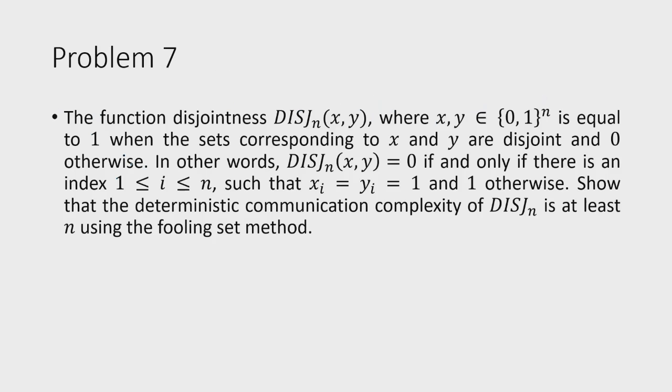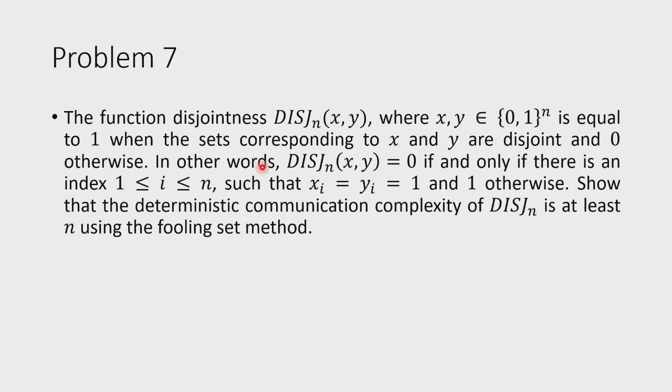Now let's move on to the next problem. The function disjointness, denoted by DISJ_n of x, y, where x and y are in {0,1}^n, is equal to 1 when the sets corresponding to x and y are disjoint and 0 otherwise. The sets that correspond to x and y are just the capital X and capital Y that we saw in the previous question.